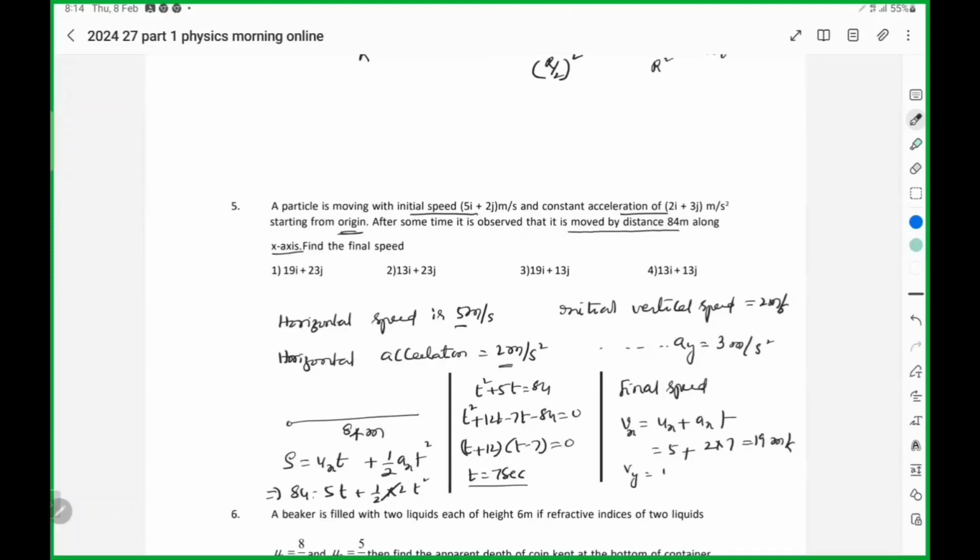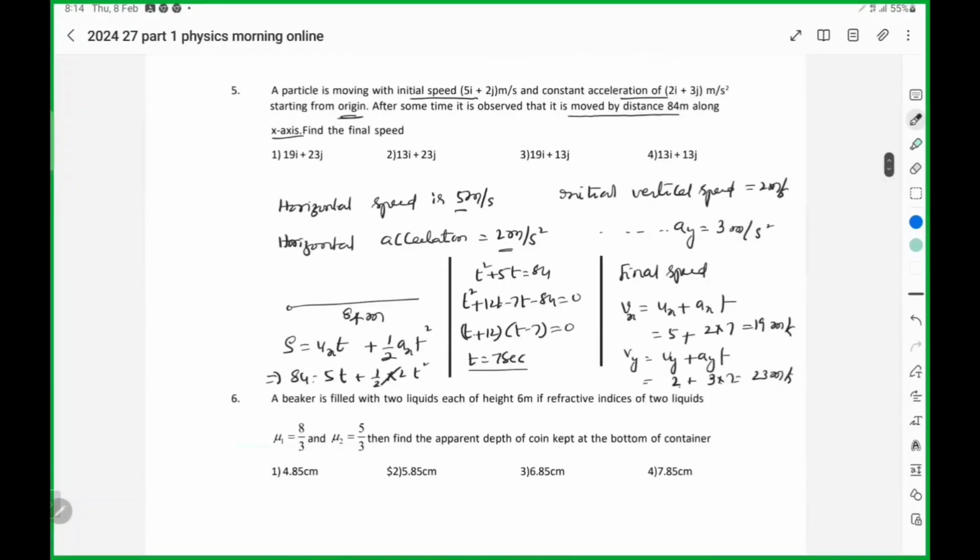Vy is uy plus ay t. Uy, the speed in the vertical direction, is 2, with 3 times the time taken, 14 plus 21... 23 meters. So here V will be Vx i plus Vy j, that is 19i plus 23j.